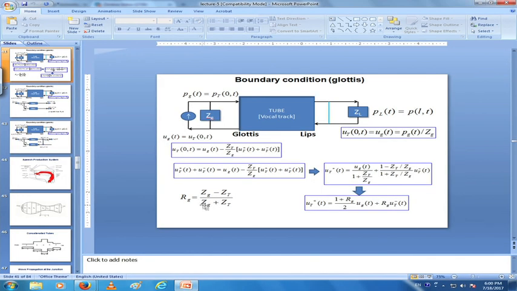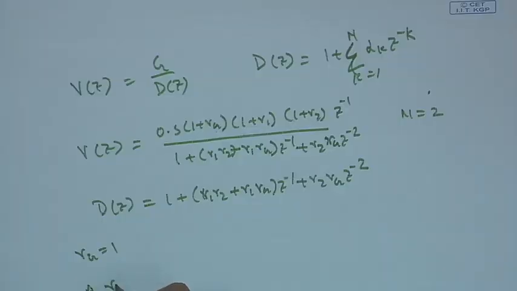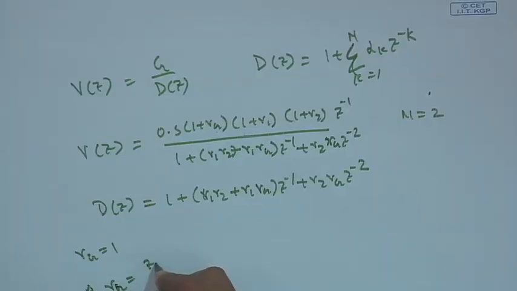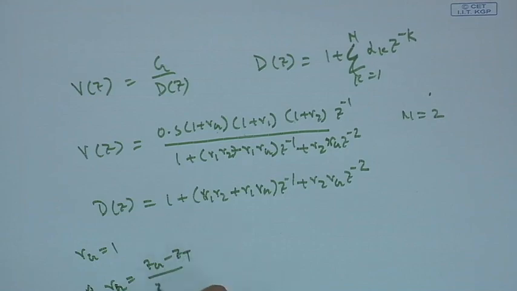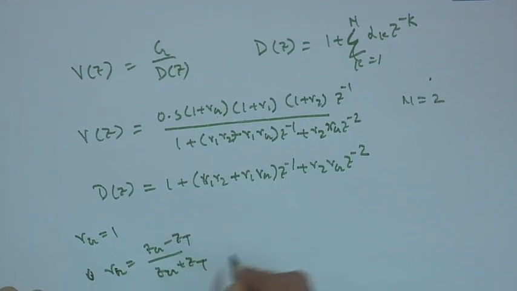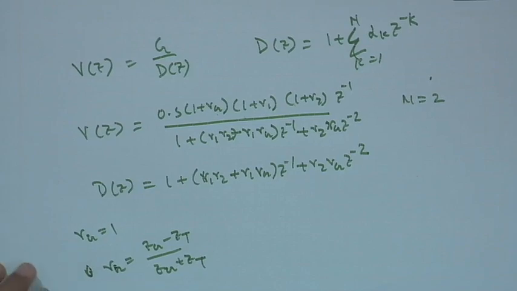That is there in the boundary condition modeling. So, here Rg is Zg minus Zd divided by Zg plus Zd. If Zg is infinite, then Rg is equal to 1.